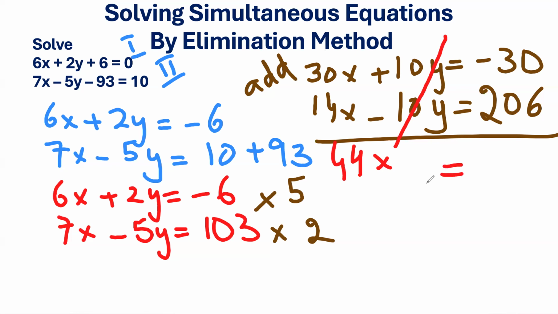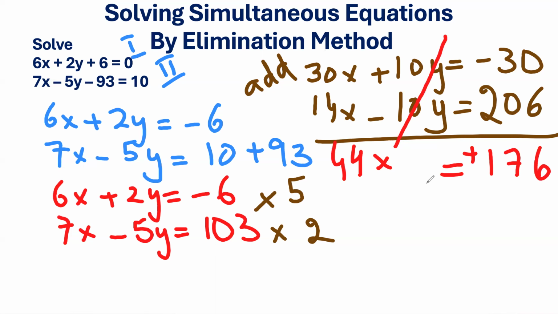And here also you have to solve 206 minus 30. It will give you 176. Right? 206 minus 30 will give you 176, and the sign of the bigger integer will come. So plus sign will come because 206 is a bigger integer and 206 has a plus sign.